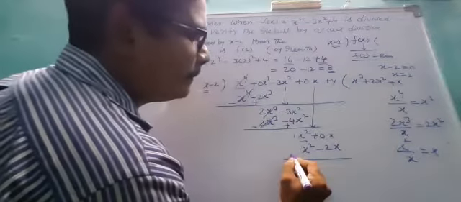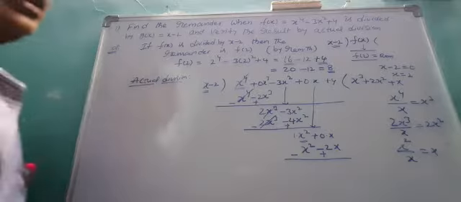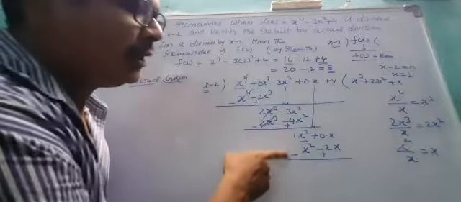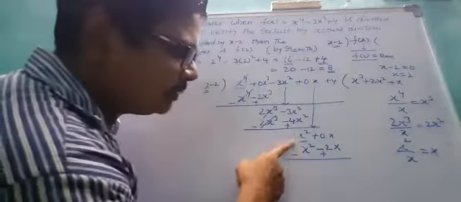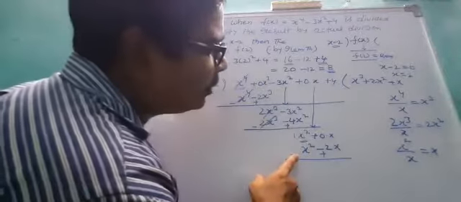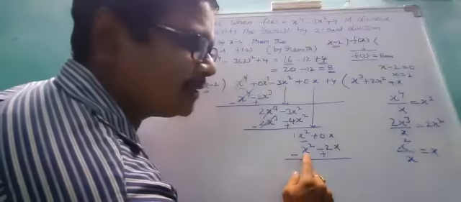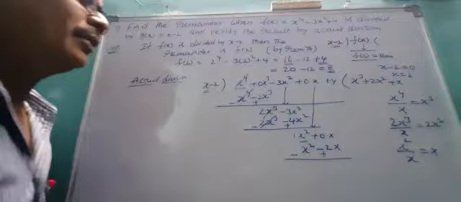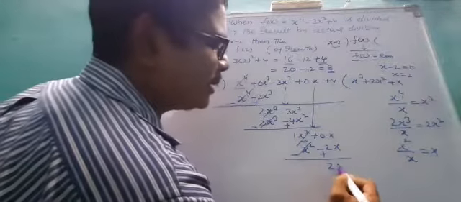That means minus x square plus 2x, because in division of polynomials we apply subtraction. x square minus x square cancel, remaining plus 2x.